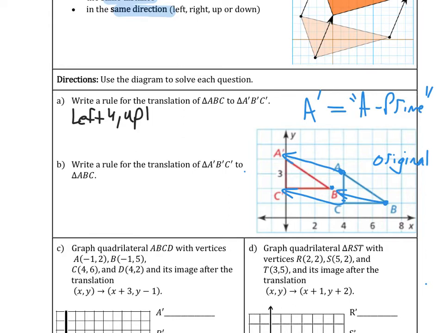Now, if we look closely at their coordinates, we can see something interesting happen. This is the coordinate 4, 3, and it goes to 0, 4. Let's look at C down here. This is the point 4, 1, and the new one is going to 0, 2.